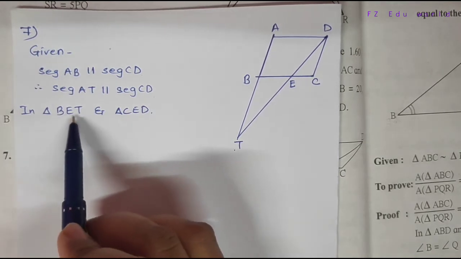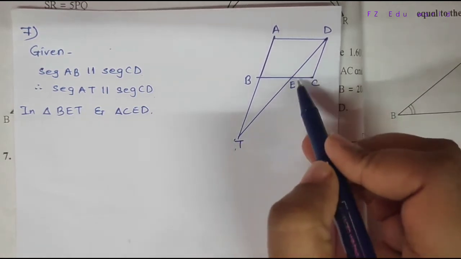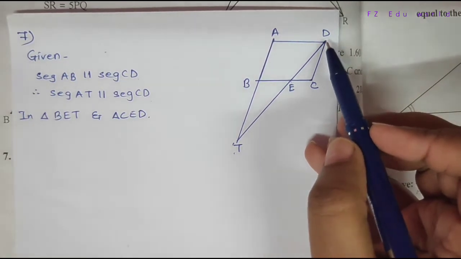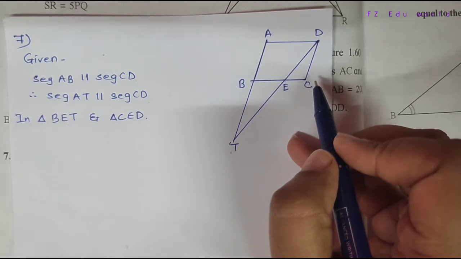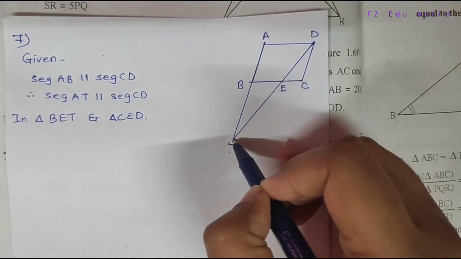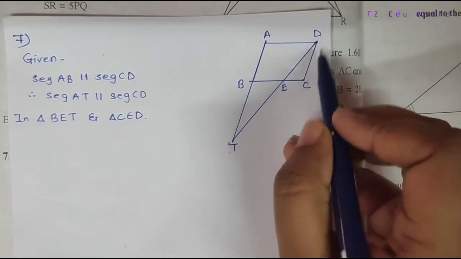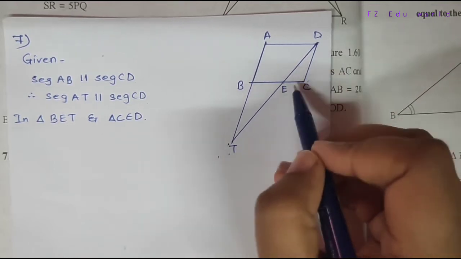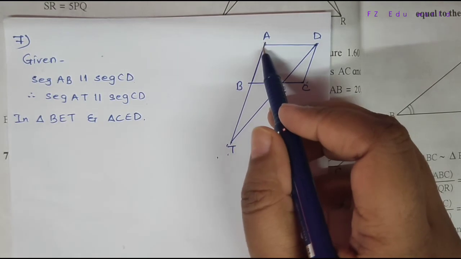Now in triangles BET and CED, angle ATD is congruent to angle CDT, as these two segments are parallel and between parallel lines alternate angles are congruent.